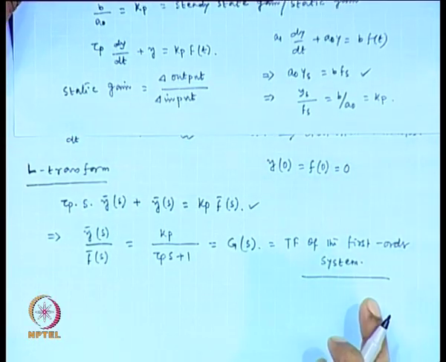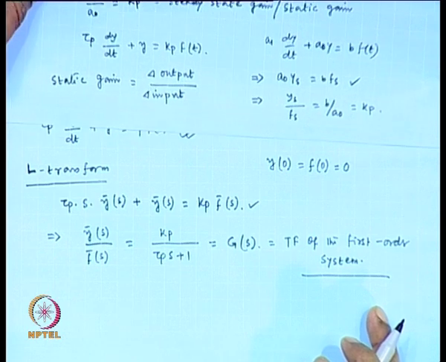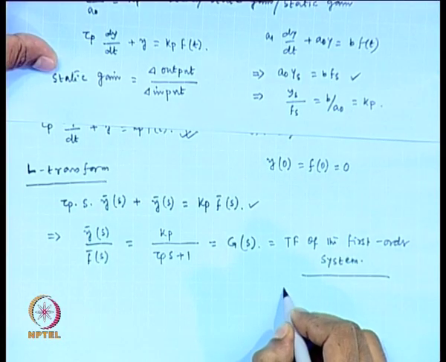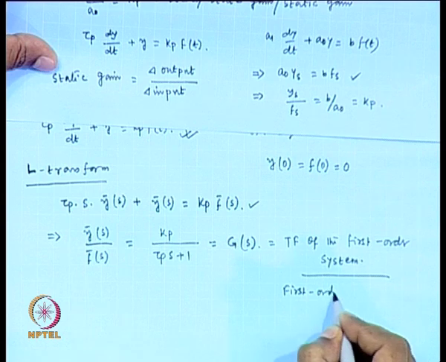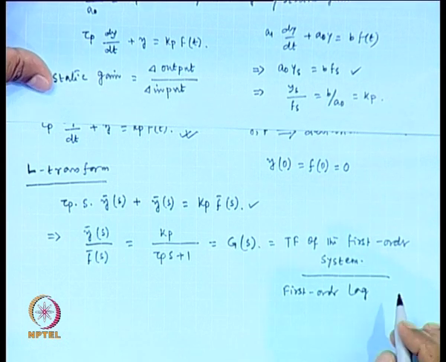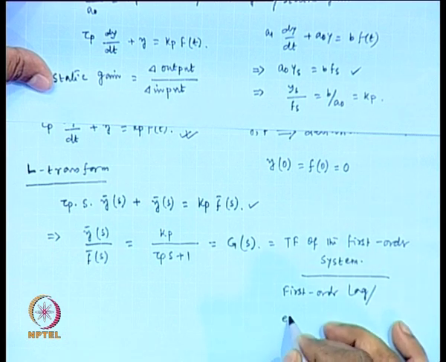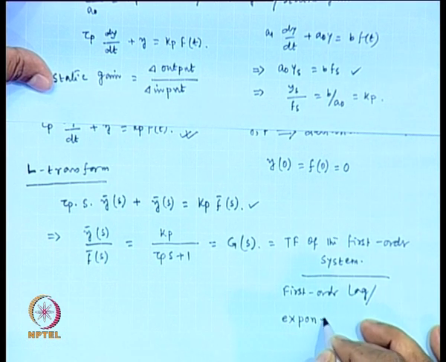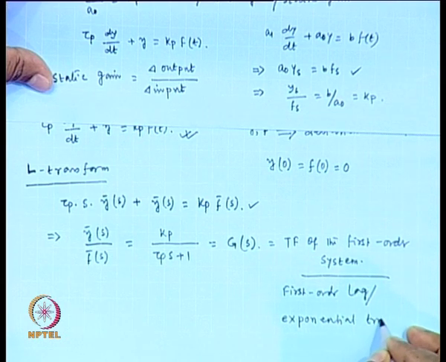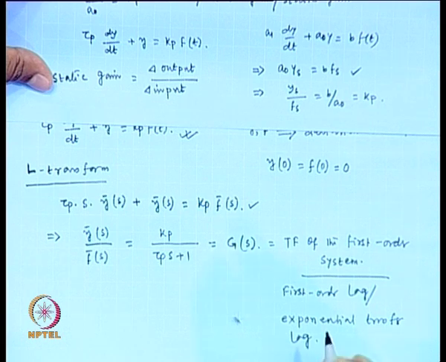This is also called first order lag or exponential transfer lag. We will see later that this transfer function involves phase lag, that is why this is first order lag transfer function. Fine, we will consider that later.